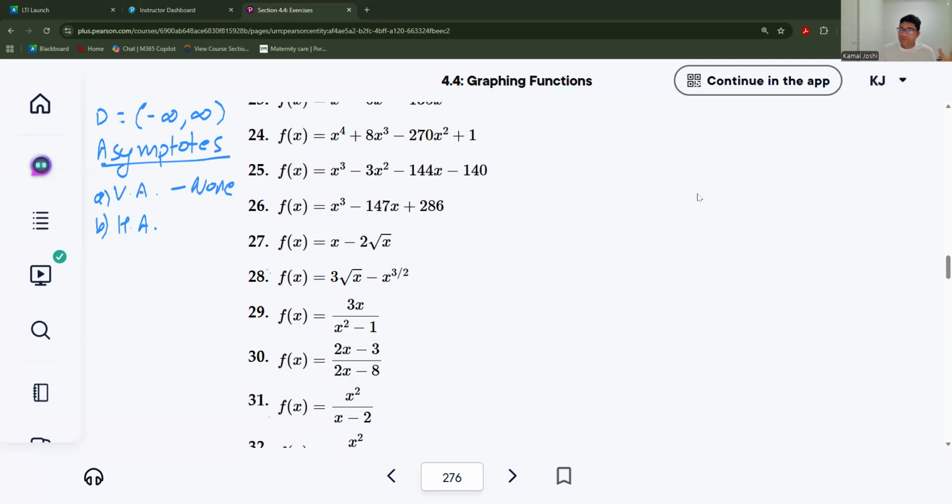And horizontal asymptote, you get a horizontal asymptote in two situations only. Okay, x goes to infinity and x goes to negative infinity, because a horizontal asymptote is the behavior of the function in the long term, not at any finite value.